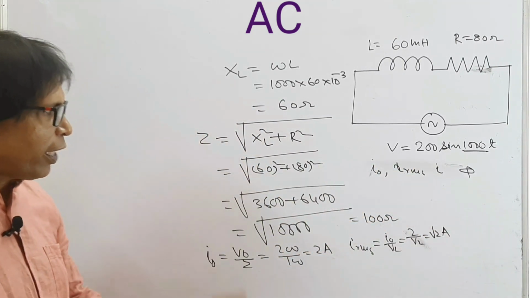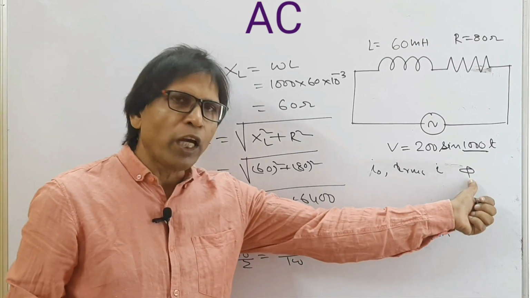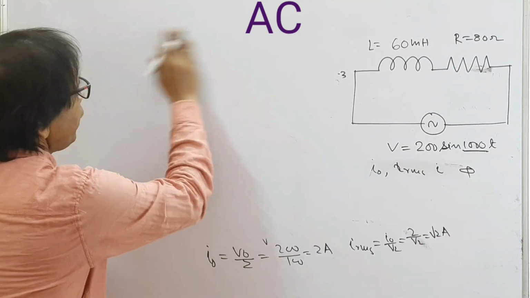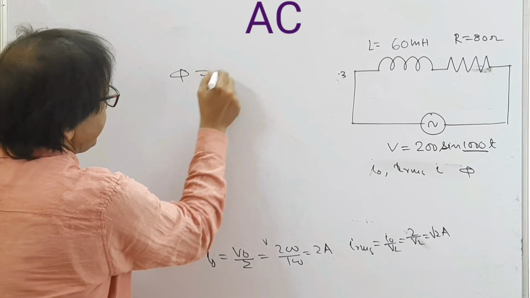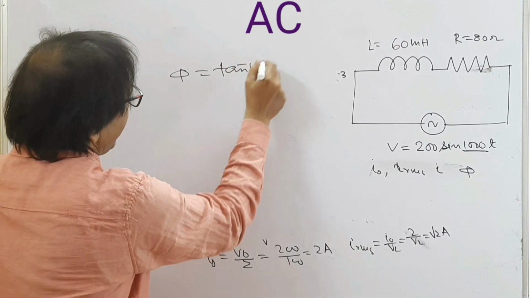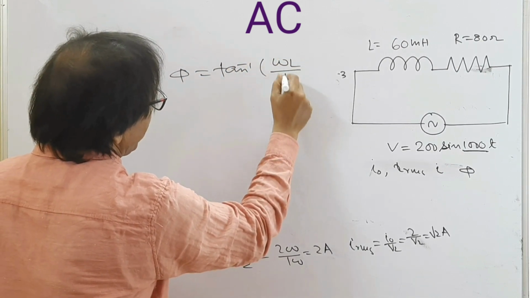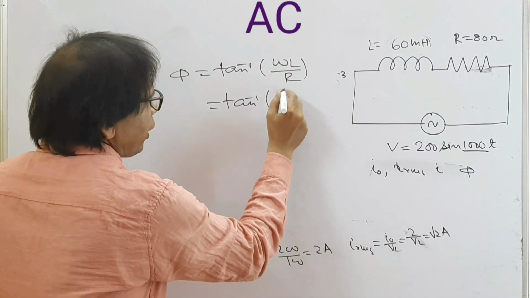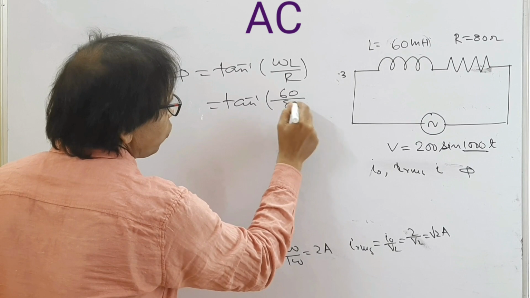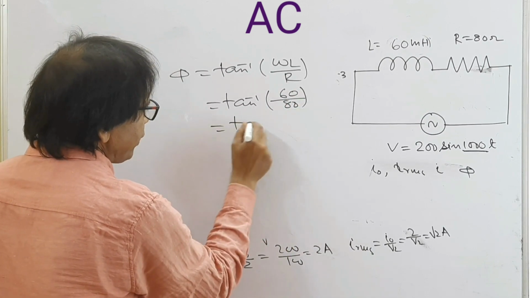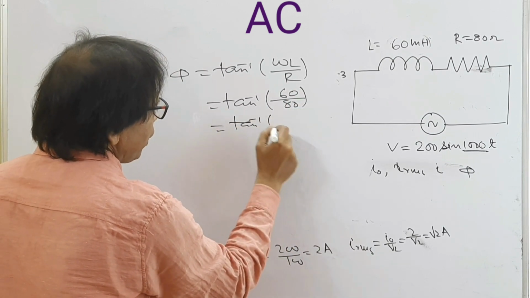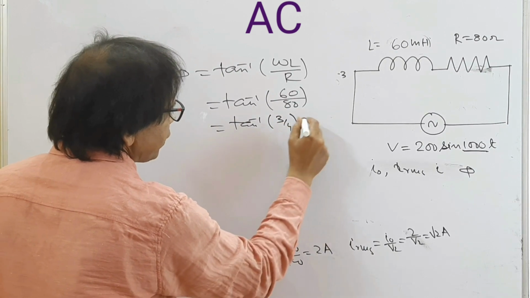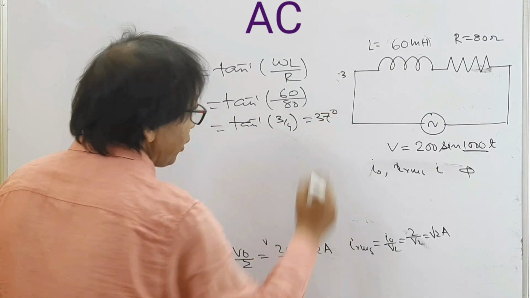To get the instantaneous value of current, first of all we have to calculate the phase difference. Now phi equals tan inverse of omega L divided by R. So look at this, tan inverse, omega L equals 60 ohm, R equals 80 ohm. So this is tan inverse 3 by 4, so this is 37 degree.